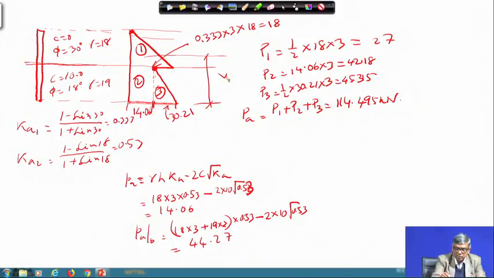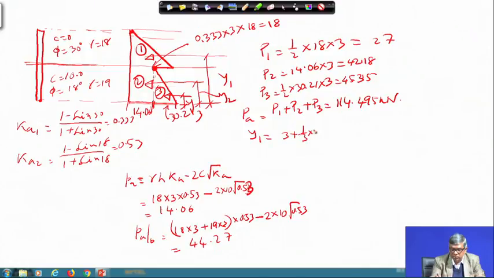Now, individually suppose this is y 1, then this is y 2 and this is y 3. So, force 1 acting here, force 2 acting here, force 3 acting here. So, that means y 1 I can find out as 3 plus 1 by 3 into 3.